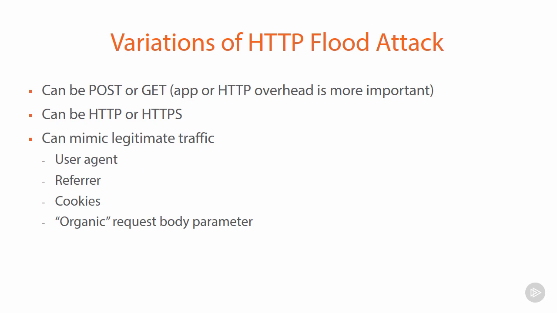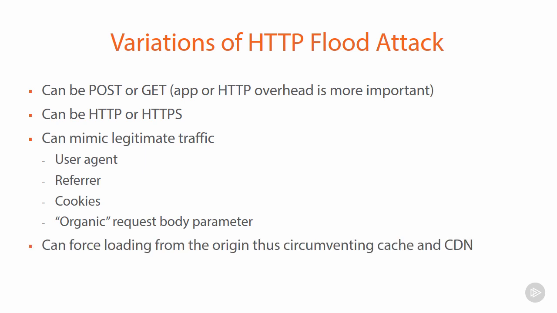And finally, another trick which is used in HTTP flood attacks is forcing content to load from the origin in order to circumvent caches or CDNs. Because what the attacker doesn't want is to have some CDN sitting in front of the underlying infrastructure, serving requests very, very quickly.